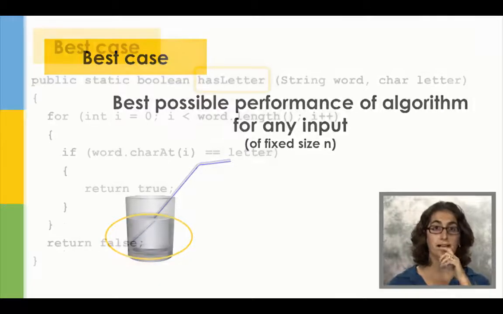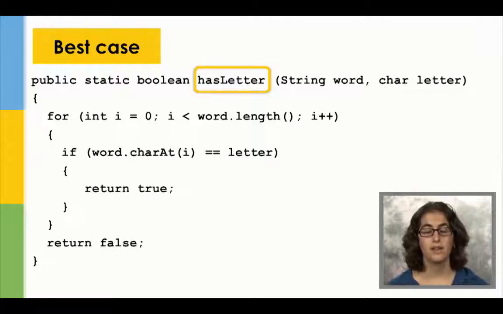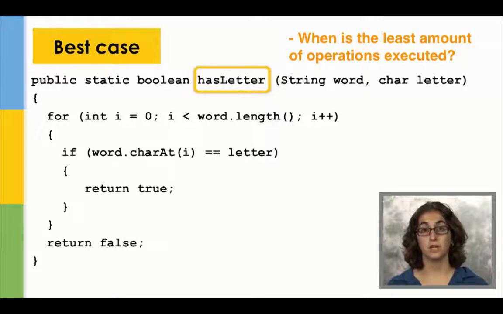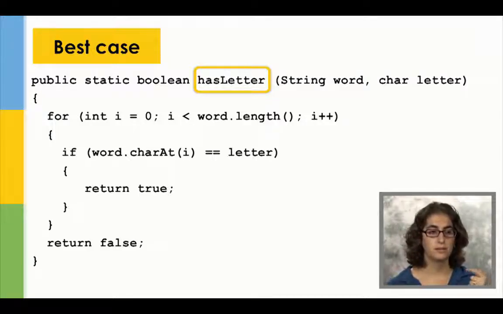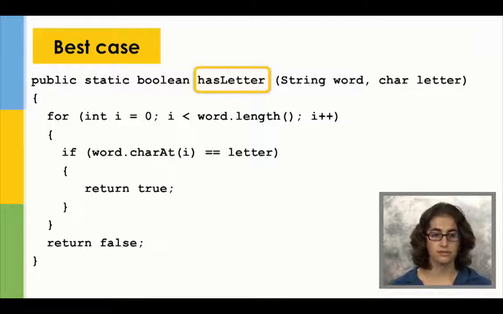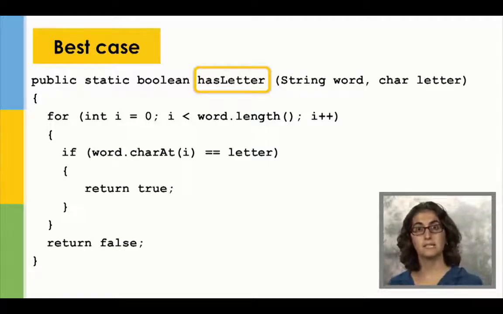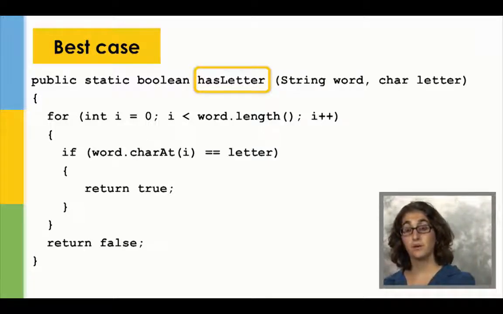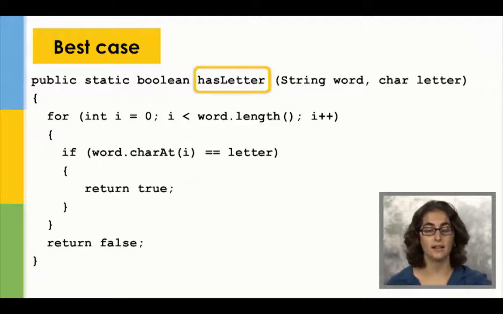And so thinking back to the has letter method, when is this algorithm the quickest? When does it have to run very few operations? Well, think back to what we do. We start at the beginning and we look for our letter in every possible position of our string. So if we found our letter at the very beginning, if our letter was the very first letter of the string, then we'd be able to quit while we were ahead. We'd be able to return out of the method very quickly.